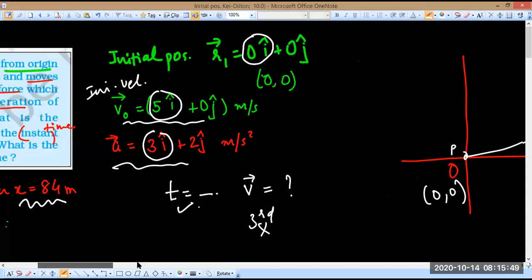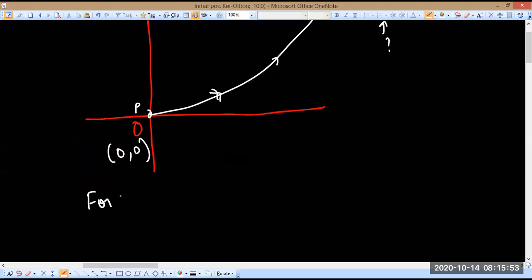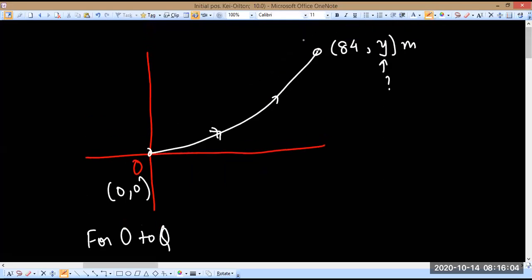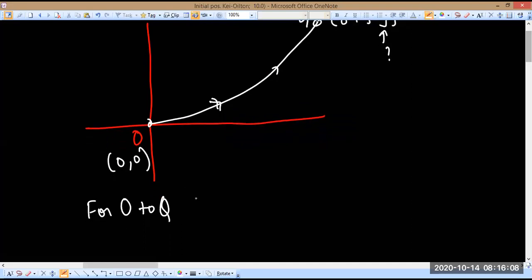So here, for O to Q, where O is the origin. For O to Q, I'm going to use the equations of kinematics for x only.